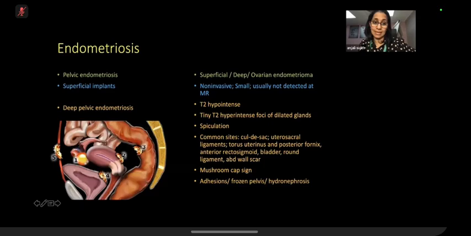You may see tiny cyst-like foci within these endometriotic plaques, which are dilated endometrial glands. They can have spiculation. Now, be aware of the most common sites of endometriotic plaques. So the posterior surface of the uterus and the posterior fornix are the favored sites for endometriotic plaques.